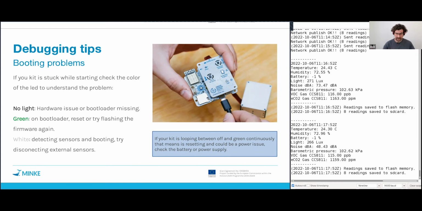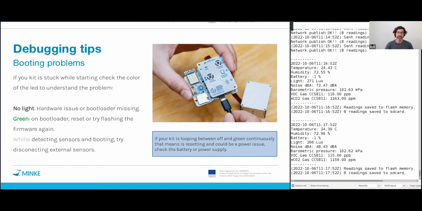When we have external stations with a lot of sensors, some cables are not connected properly, something is wrong, and something is stopping the process. So the first way of finding that out is to disconnect all the external sensors and check if the kit works. And if it does work, then you can little by little isolate which sensor is misbehaving, and check the cabling and the sensor itself.